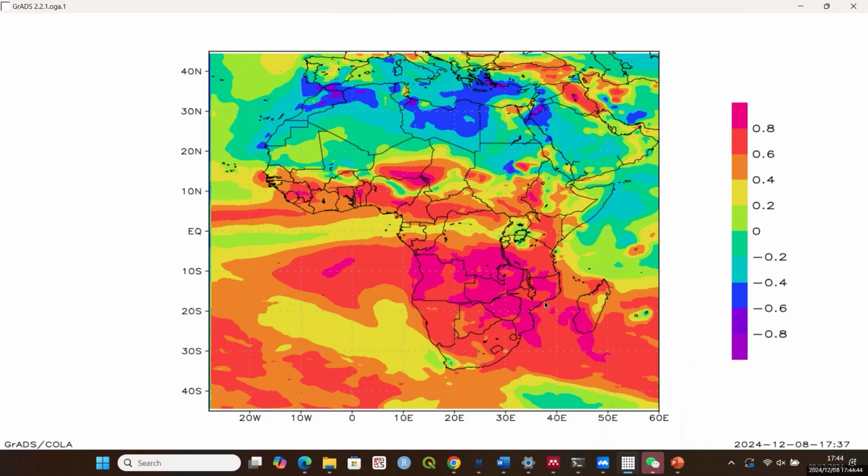Sometimes you can imagine you want to see how sea surface temperatures are influencing rainfall over time, how sea surface temperatures are influencing rainfall over China here.